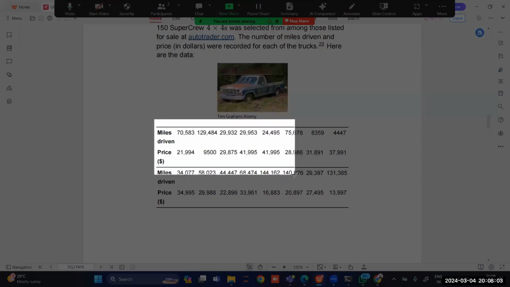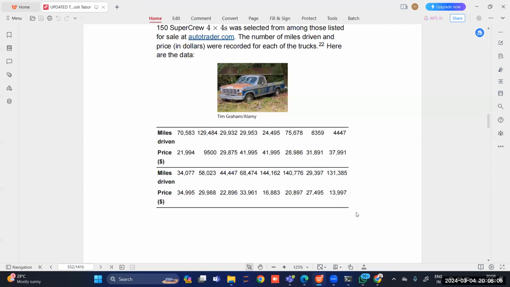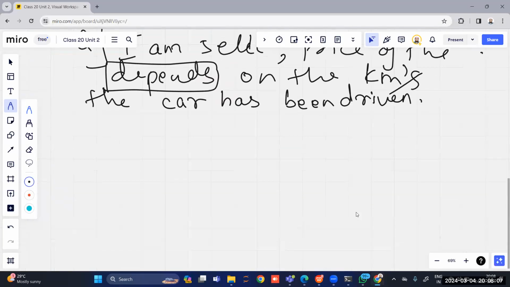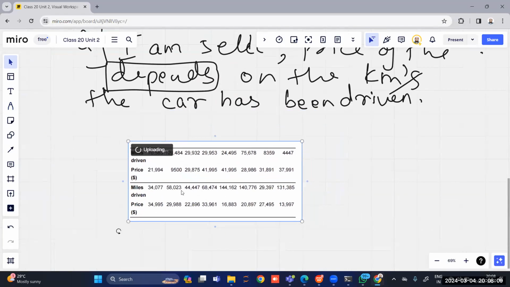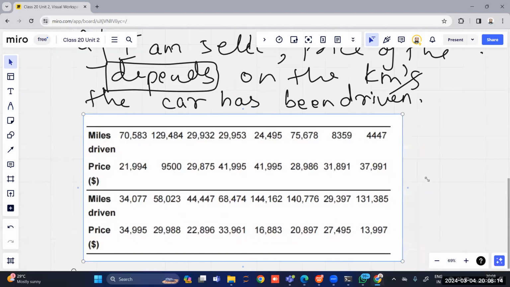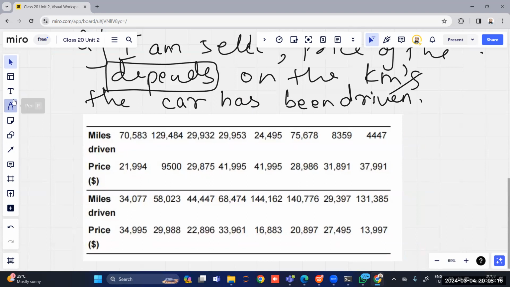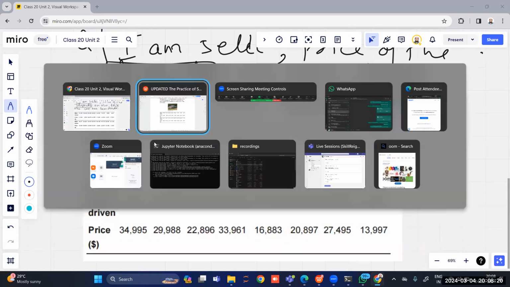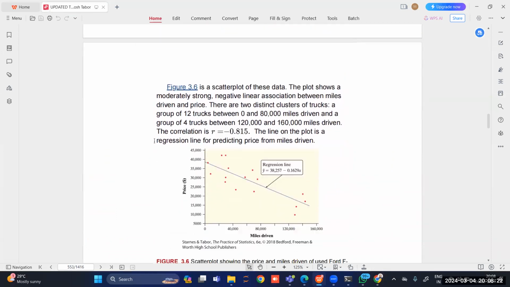So I'll take this data. Okay, so this is the data here. What he is telling us to do is that he has given the scatter plot here. What can you say about the scatter plot?